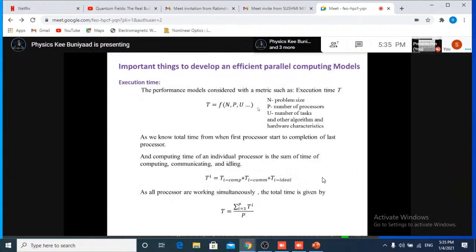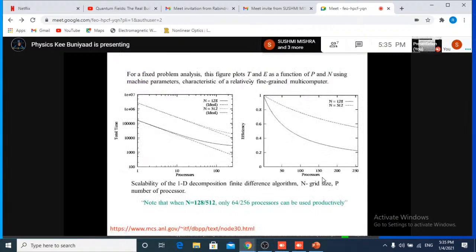So here is a small example for a 1D decomposition finite difference algorithm with N number of grid points and P number of processors. The problem is a 1D decomposition finite difference algorithm which contains how many grid points? N grid points. N is 128 and 512.